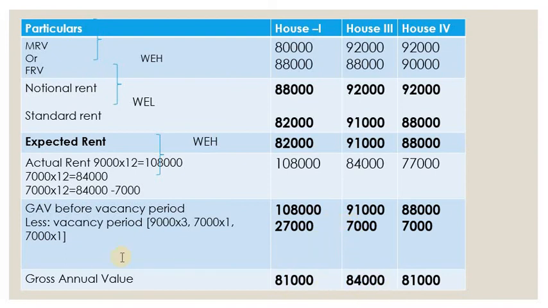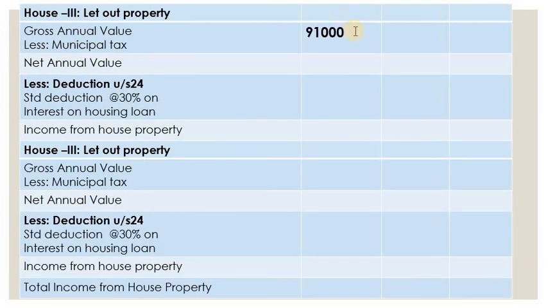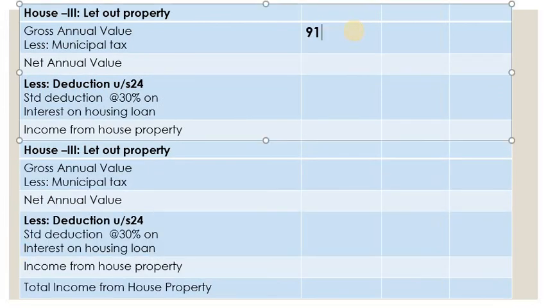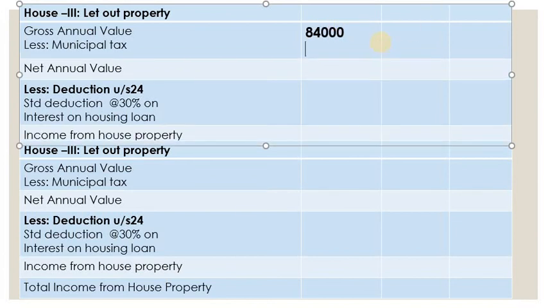Gross annual value is, sorry, 84,000. Then less municipal tax. Municipal tax is not paid, it is due, so no municipal tax is reduced. So net annual value is 84,000.